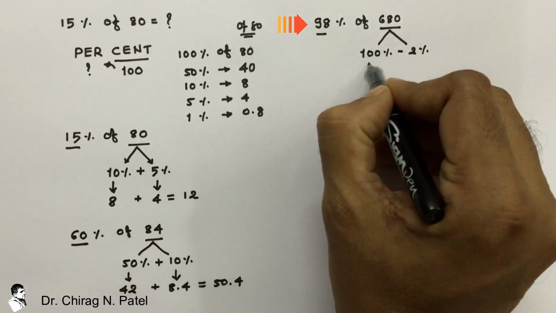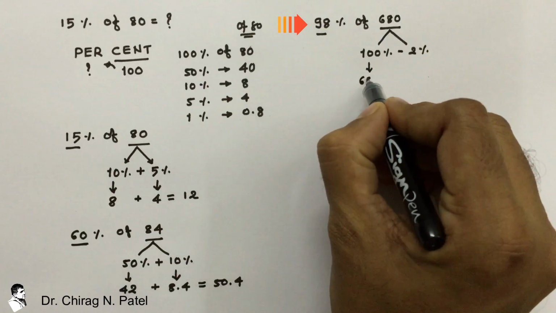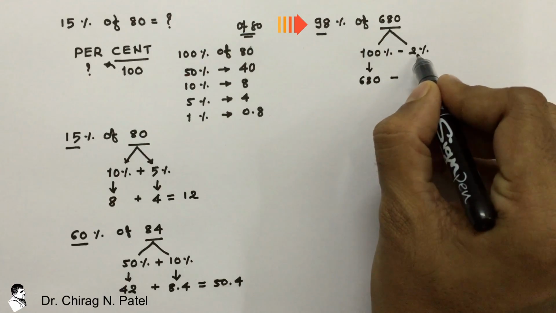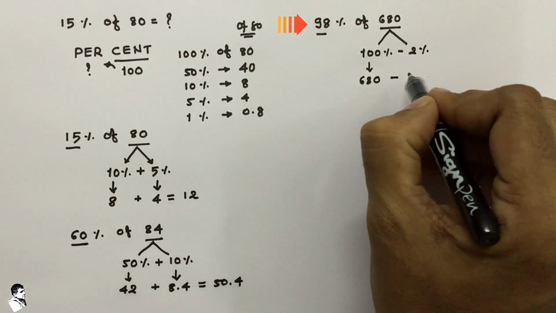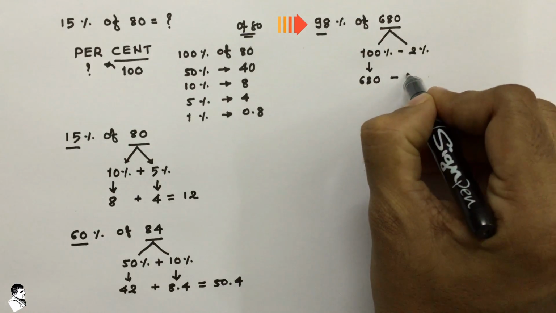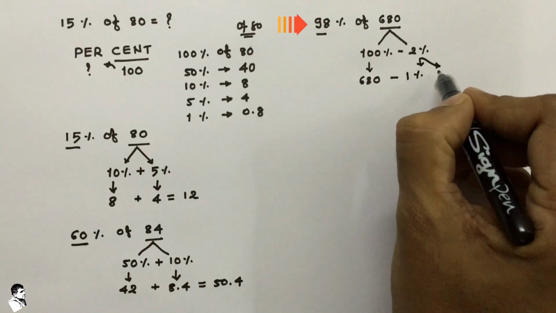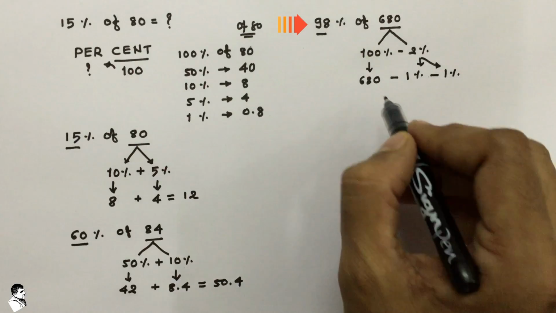Now again 100% of 680, that is very easy, that is the complete 680. Now how to find out 2% of 680? Again, if it is difficult to find out, then do another part of this, that is 1% and 1%.